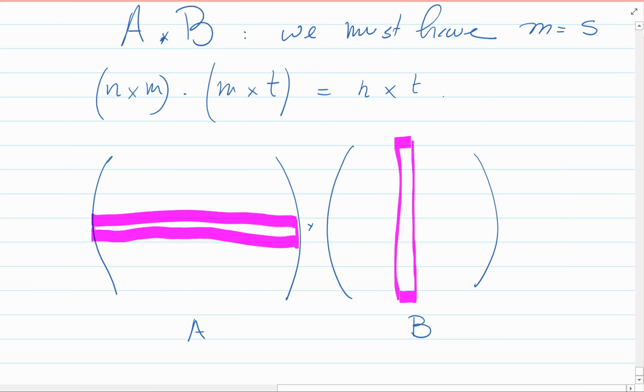There are m entries in the row of A. And how many entries do we have in the column of B? These are the number of rows of B, which is m. So when you multiply them, you do the dot products I told you about.